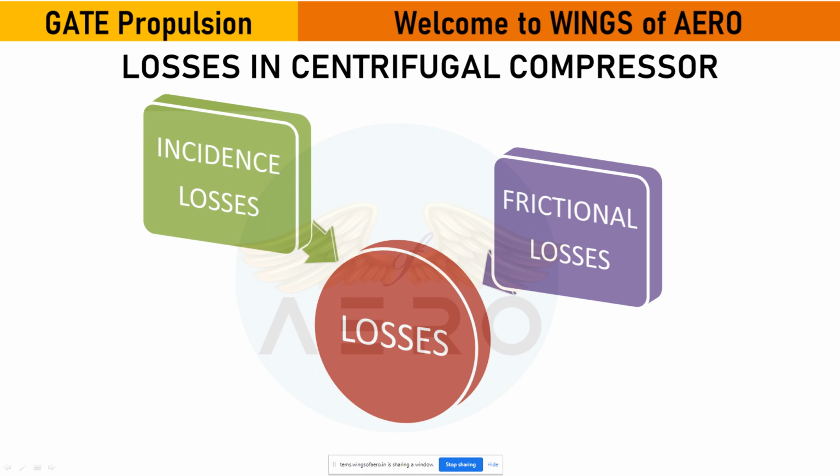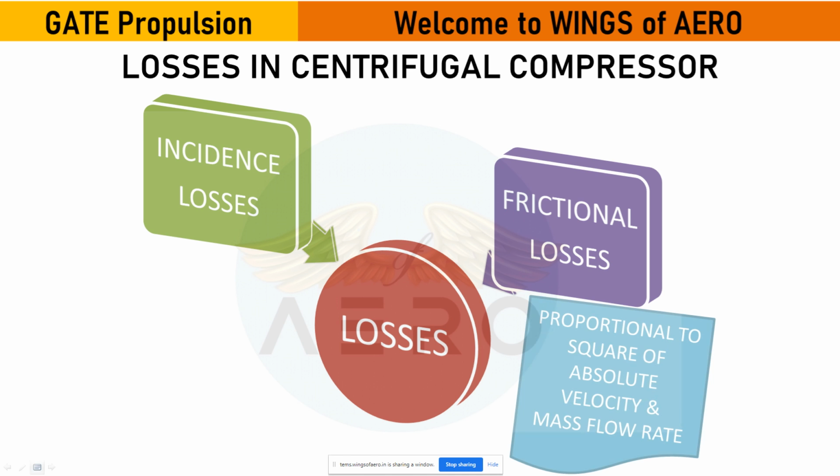Now the frictional loss is proportional to the square of the absolute velocity and the mass flow rate. These terms are very important, how they are interconnected with each other. If the absolute velocity is more, then the pressure losses will be more.